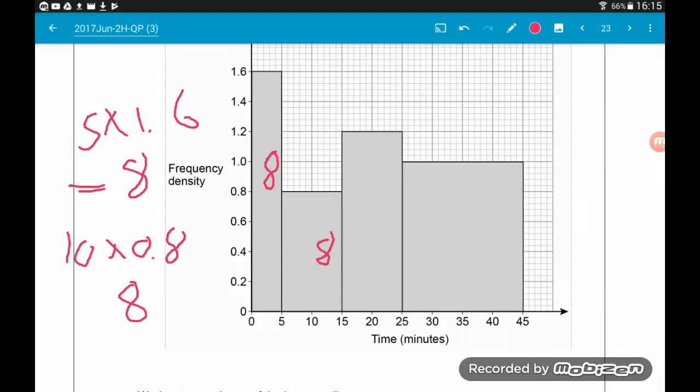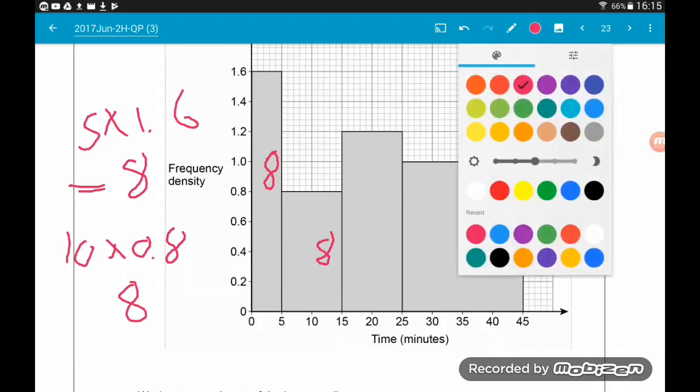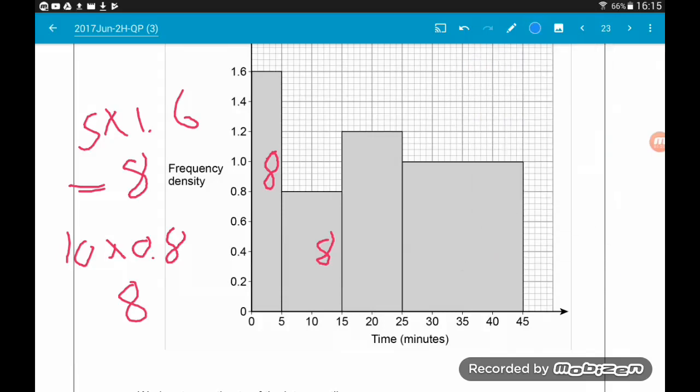Now, 8 plus 8 is 16. So our 12th person, our lower quartile, is inside of that second bar. What we need to work out is whereabouts he or she is. So the first bar contains 8 people. The second bar contains 8 people.